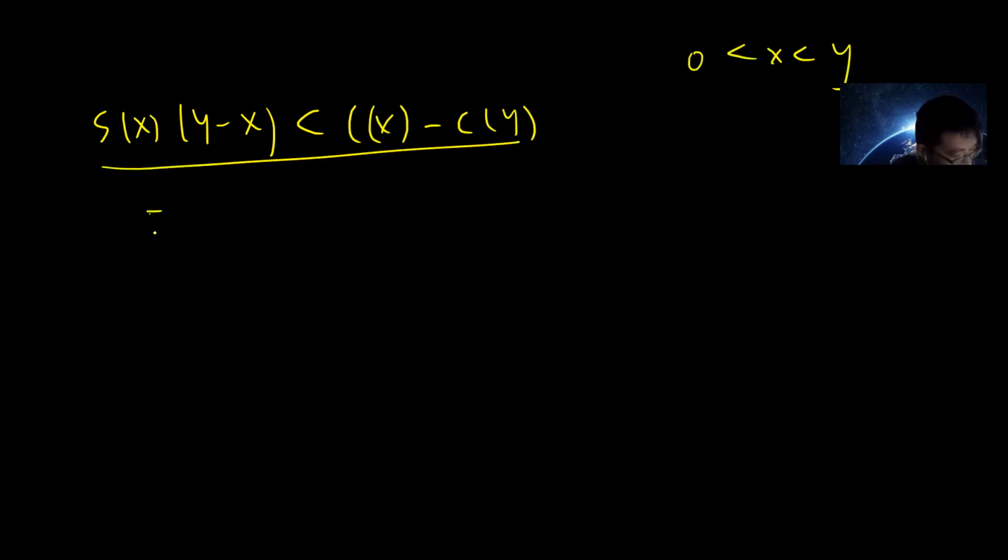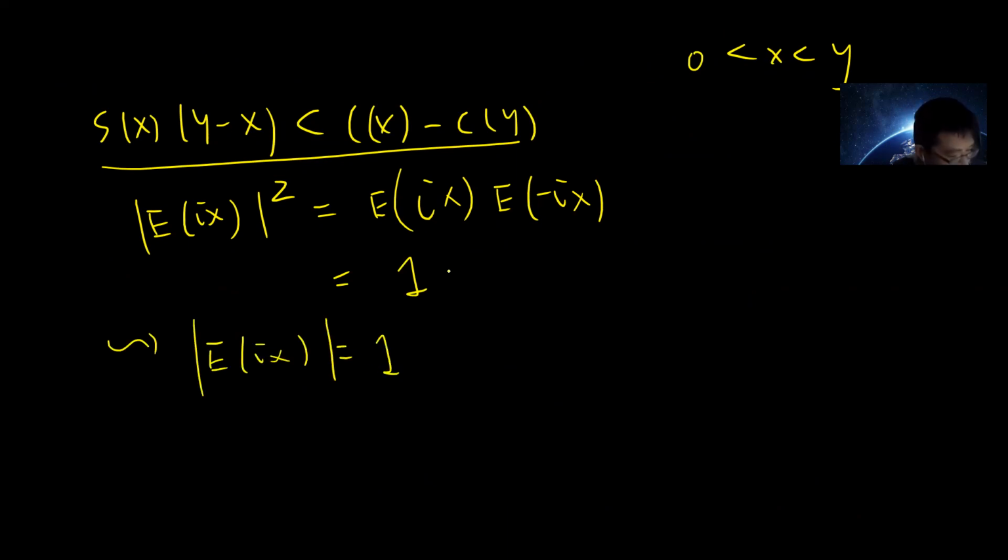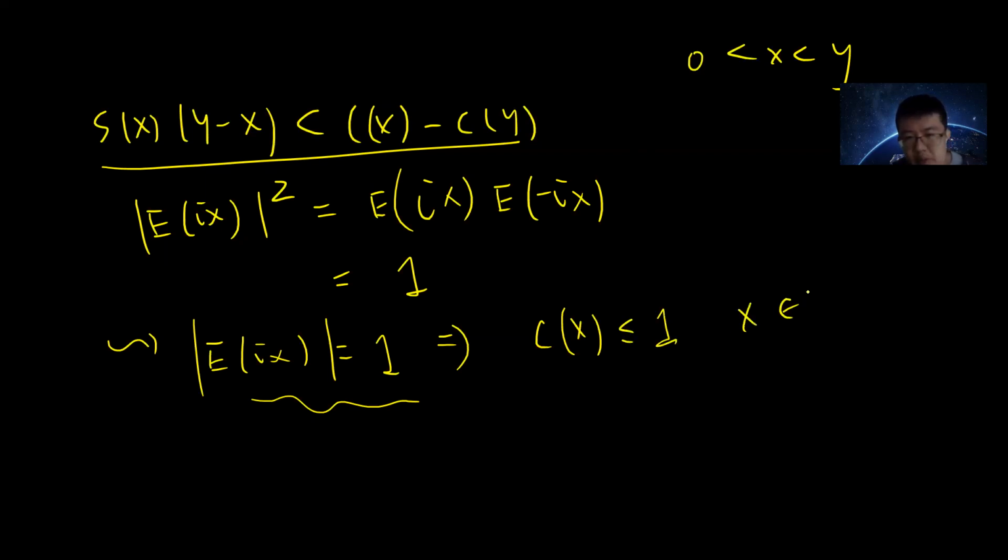But remember that we have the modulus squared of e of ix, which is e of ix times e of negative ix, which should become 1. So you get that the modulus of e of ix is 1. So you can see that c of x is less than or equal to 1, when x is real.